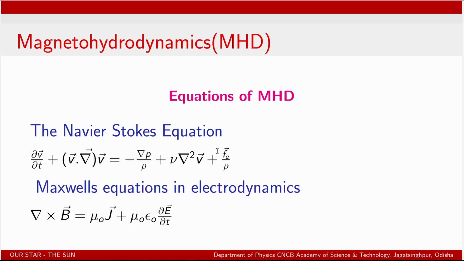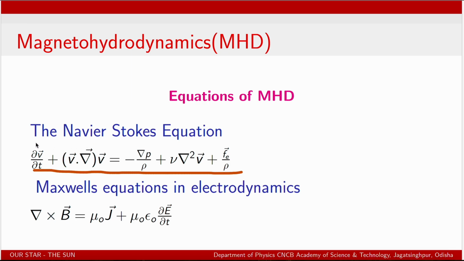In the next slide, this is magnetohydrodynamics. We are still in the convective zone. Here we should remember this is the Navier-Stokes equation. This is the equation that governs fluid dynamics. It is like Newton's equation.